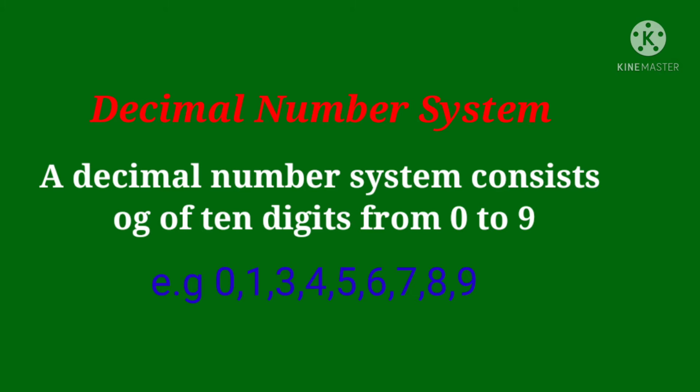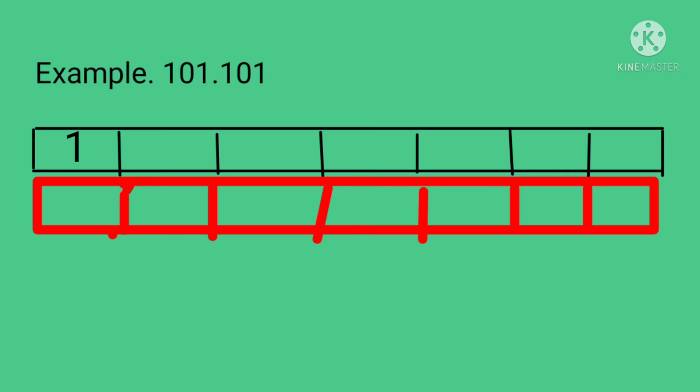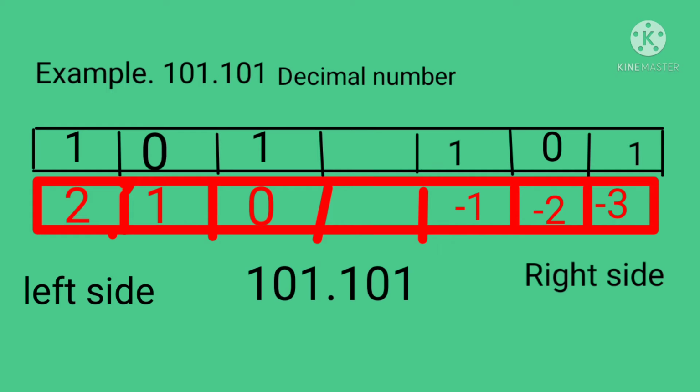Next is the decimal number system. The decimal number system consists of digits from 0 to 9, like 0, 1, 2, 3, 4, 5, 6, 7, 8, 9. The value of a digit depends on the weight and the position of the digit. The position of the first digit on the left side of the decimal point is 0, and the second digit towards the left is 1.